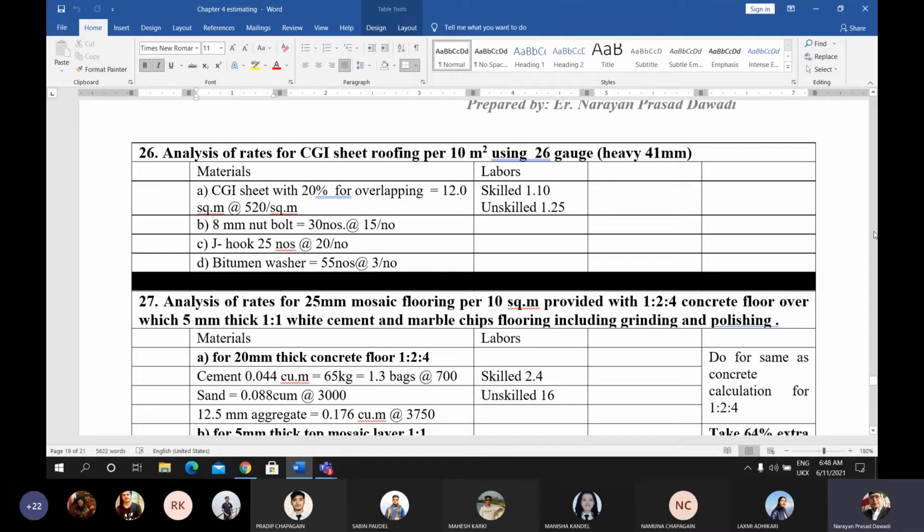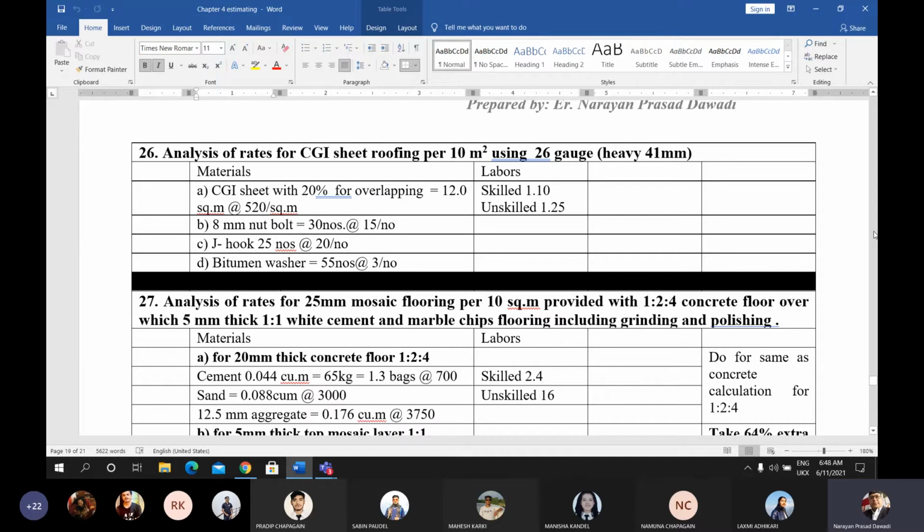There may be 22 gauge, 24 gauge, 26, 28, 30. In this way, the gauges vary.